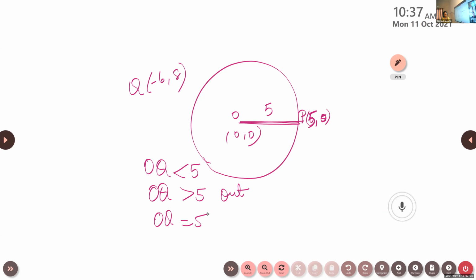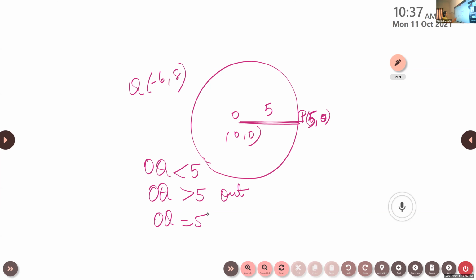Okay, now check and give your answer. Is it lying inside, outside? Is it lying outside? What is the distance? It lies outside.